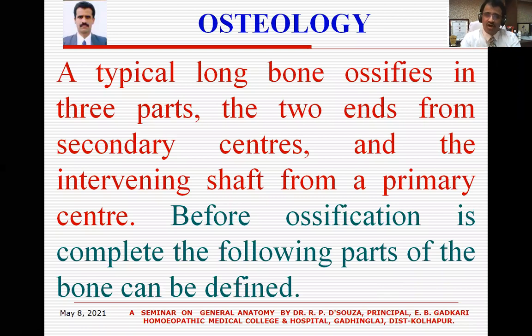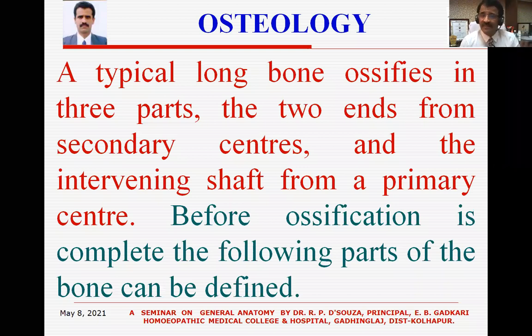So any long bone at the maximum, they require two secondary centers for development of two ends and one primary center for the development of shaft. Primary means because it appears first. Secondary means they appear after the first center. And ossification center means the center or a point on a bone from where the ossification begins. I'll show the image for you to better understand.